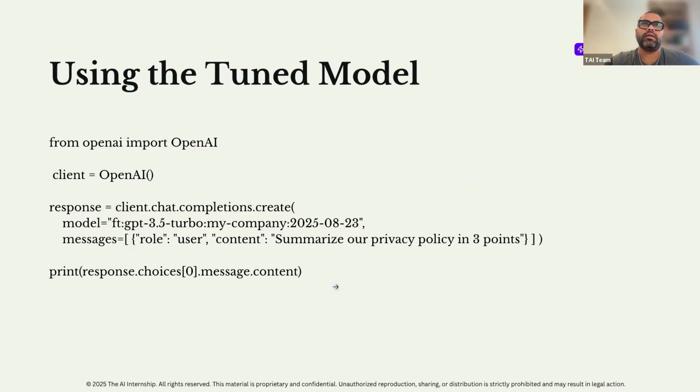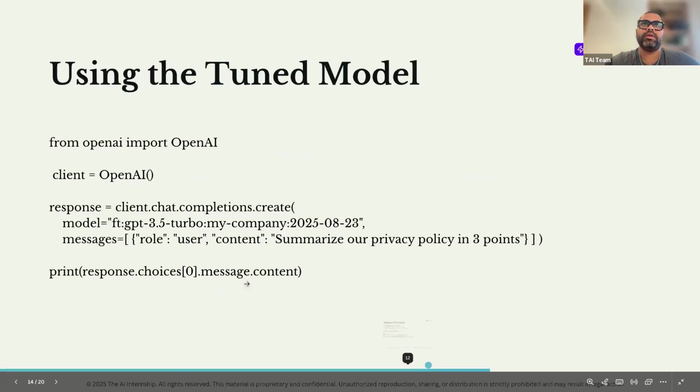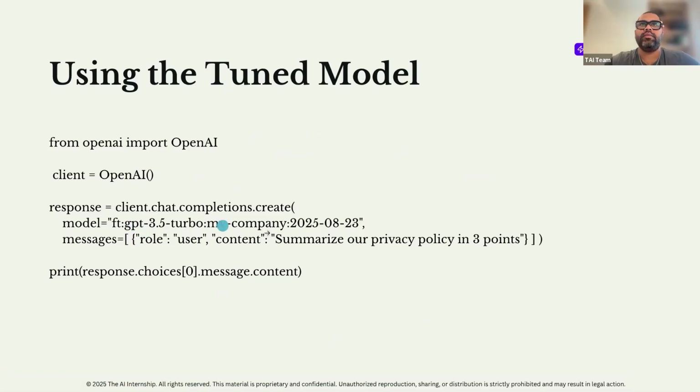So after the model run is finished, you'll have a unique model name. For example, whatever the company that you have, your OpenAI company name, like the profile name, and you'll have a string like this, with the base model, the company name, and the data that it was trained on.